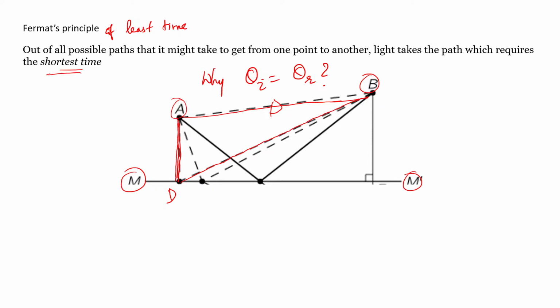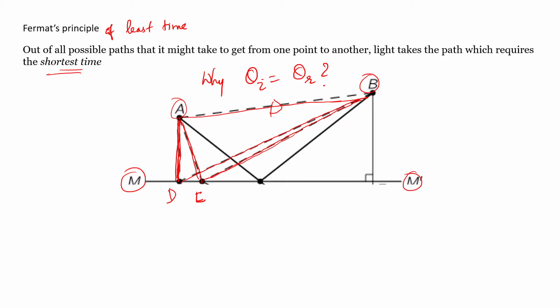right? If I move this point D slightly to the right, and instead of going directly down, I go from A to E and reflect off from E to B, I am traveling a little longer from A to E compared to A to D, but I save a lot more going from E to B. I can keep drawing these different curves and figure out which would take the least time.